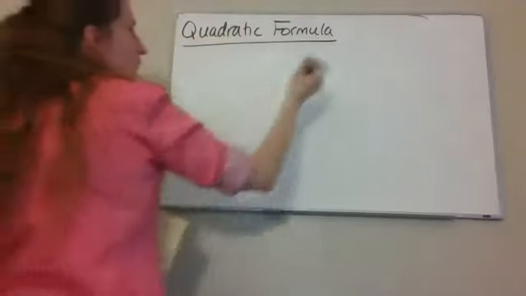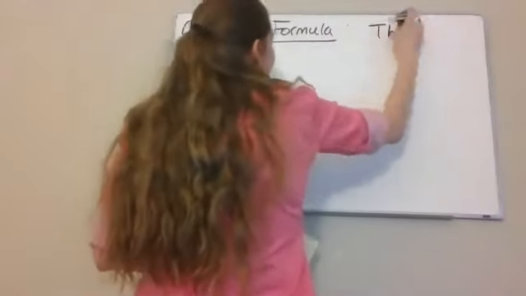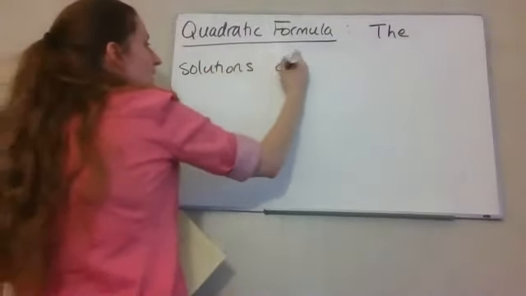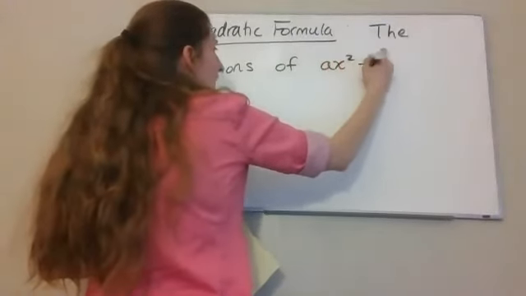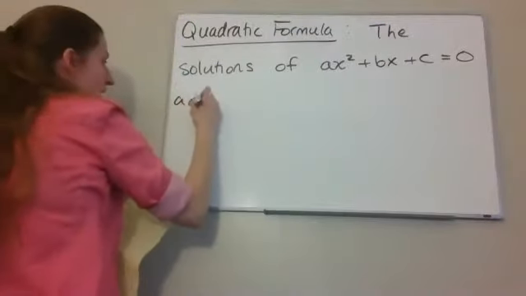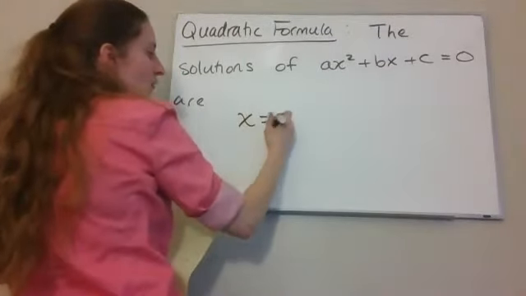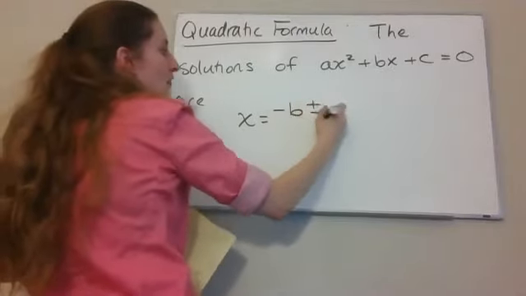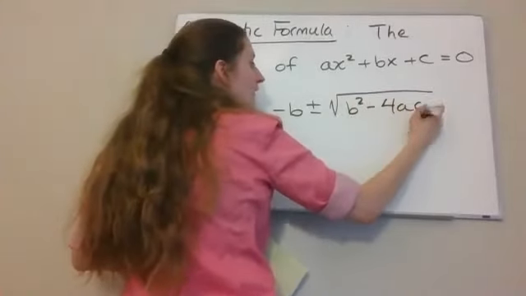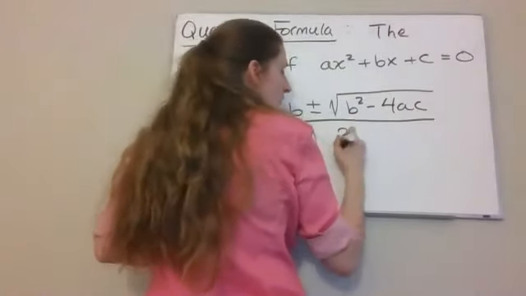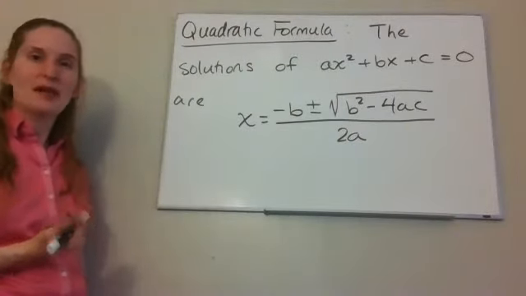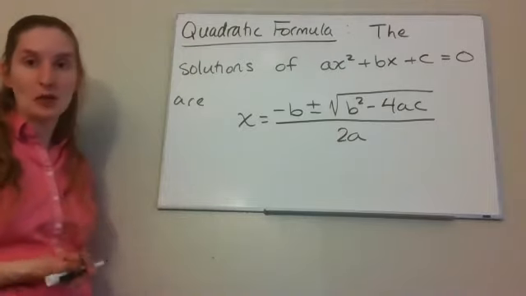So the quadratic formula says that the solutions of a quadratic equation, ax squared plus bx plus c equals 0, are given by x equals the opposite of b plus or minus the square root of b squared minus 4ac all over 2a, which is a pretty long and complicated formula, but it does have the benefit of always working.